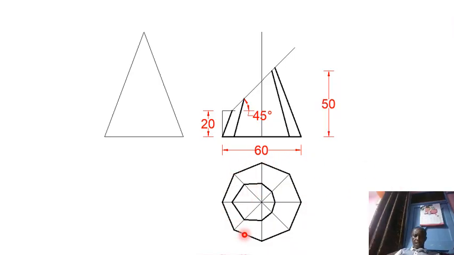So assuming you've drawn a circle, then you will just draw a crosshair, this line and this one, which will give you 90 here, 90, 90, 90. And if you bisect all the 90s, you're going to end up with 45, 45, 45, 45, and so on. So that basically gives you, once you draw these lines like that, then you can connect this point to this, where there's an intersection with the circle.